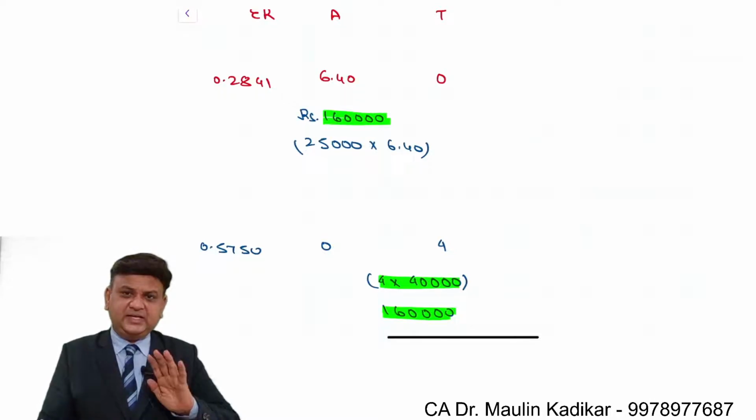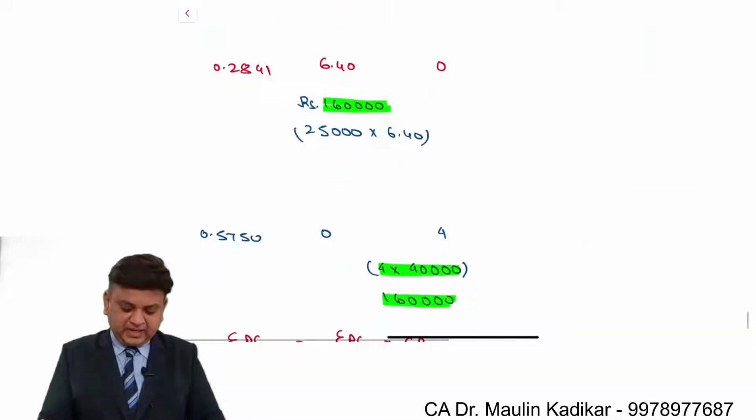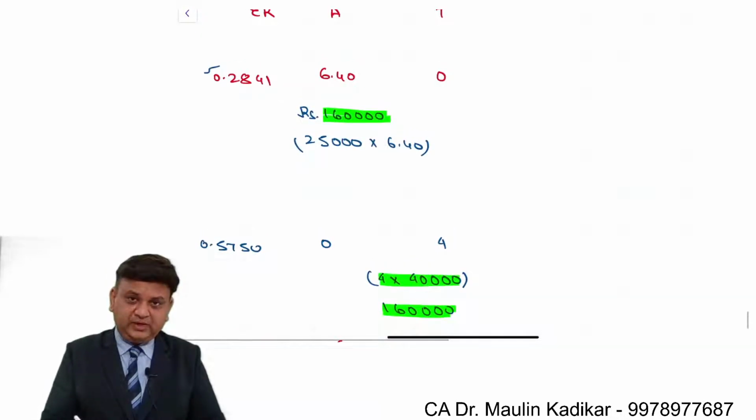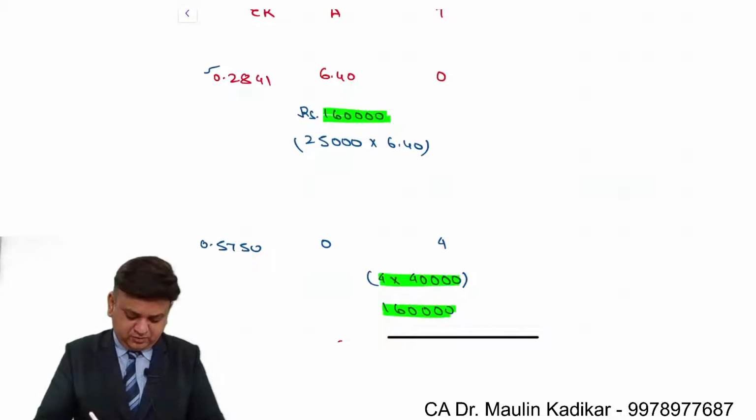Dear students, we understand that 0.2841 is the break-even exchange ratio from the target company point of view. 0.5750 is the break-even exchange ratio from the acquiring company point of view.